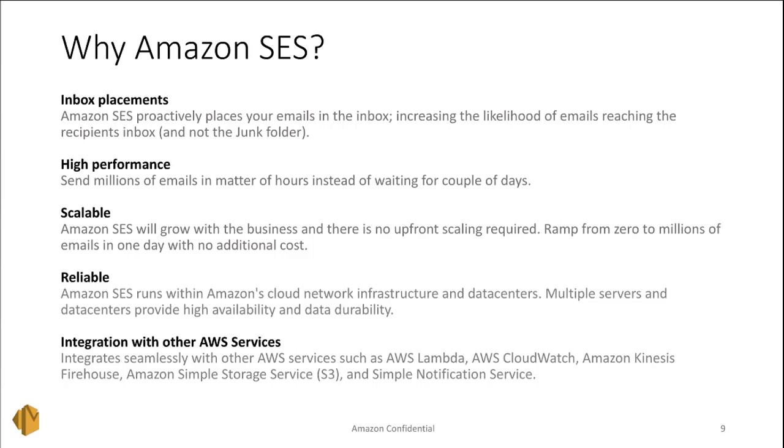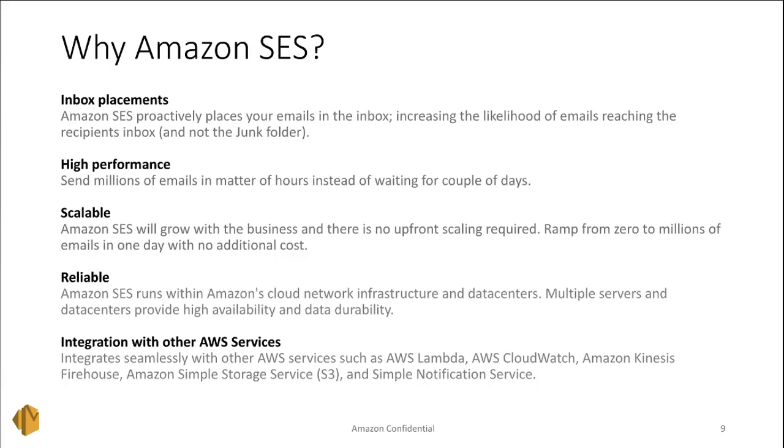And because of that, and because of the IPs that we use to send emails, there's a high likelihood of that email reaching the recipient's inbox. And high performance, we have customers who send millions of email in a few seconds, in a few minutes.